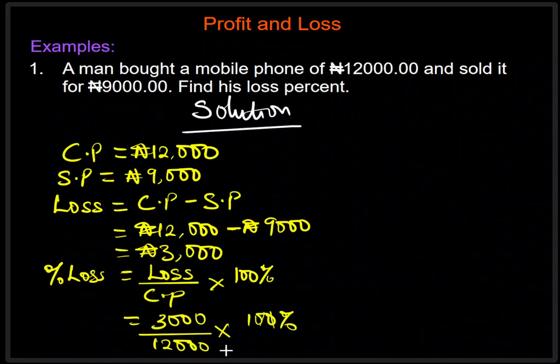Then we divide: 12 into 30 gives 2, remainder 6, 12 into 60 gives 5. All right, so our percentage loss will be 25%.